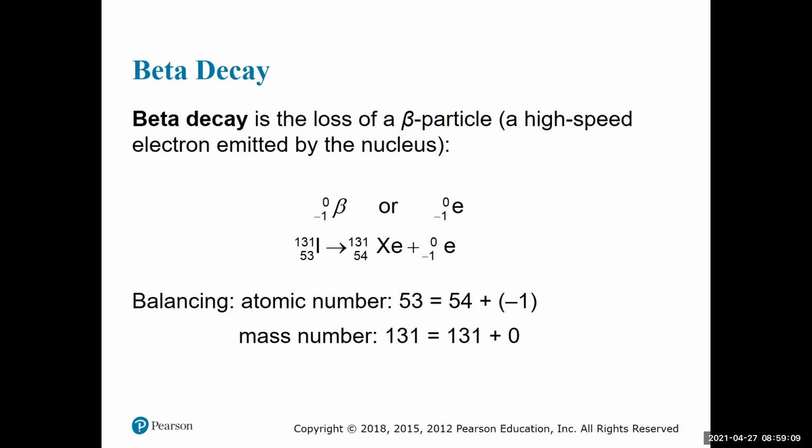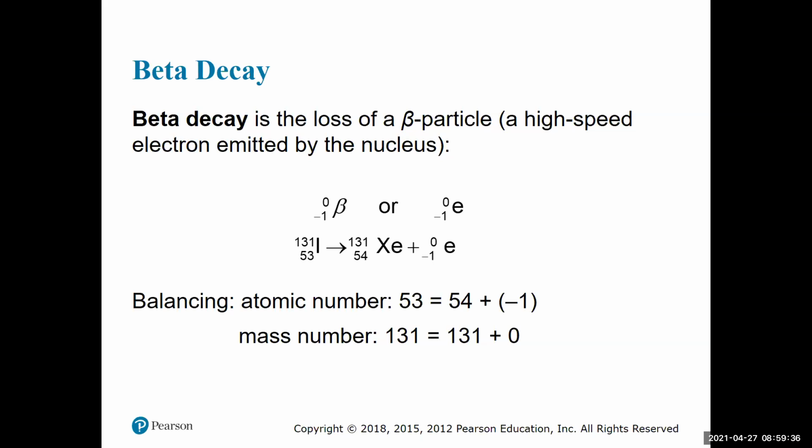And so what we do here is, we started with I-131. Because there's no change in atomic mass, we don't have to do anything, so the top number stays 131, but we have a -1 impacting the atomic number.